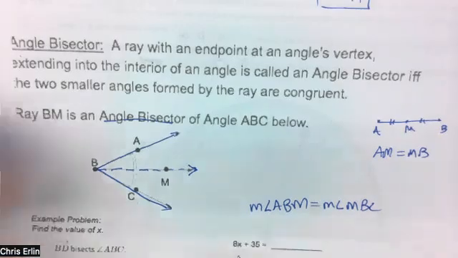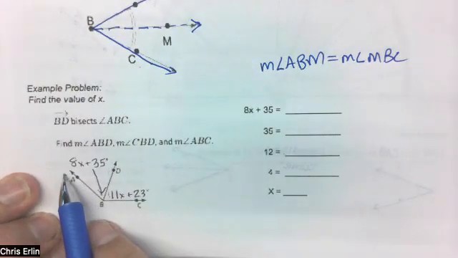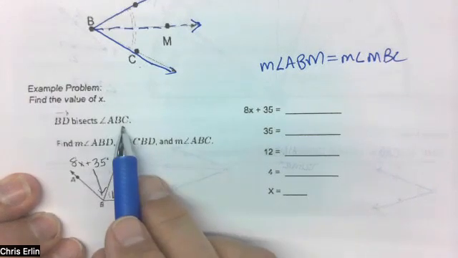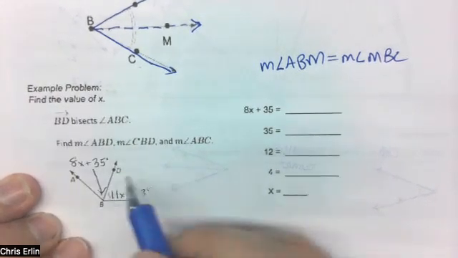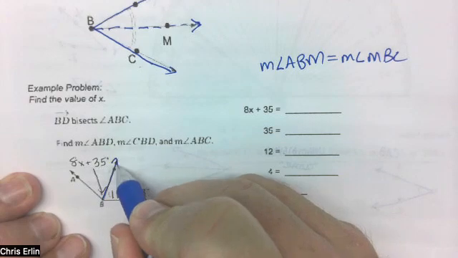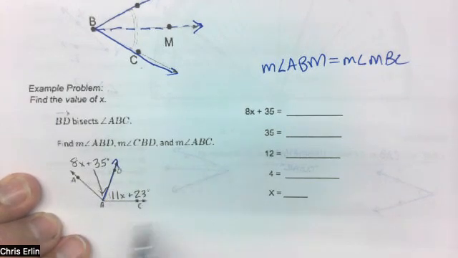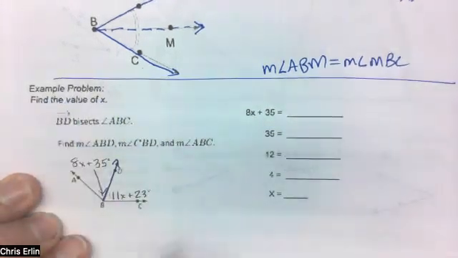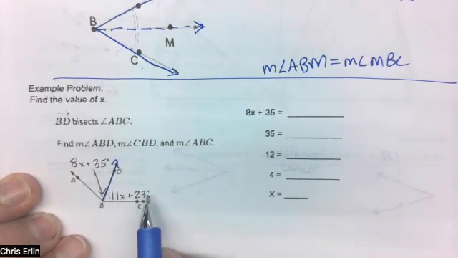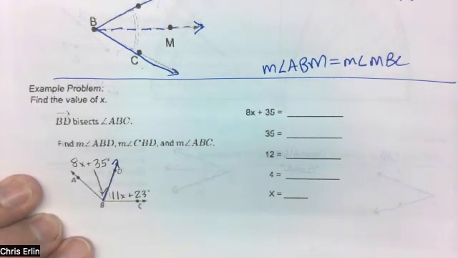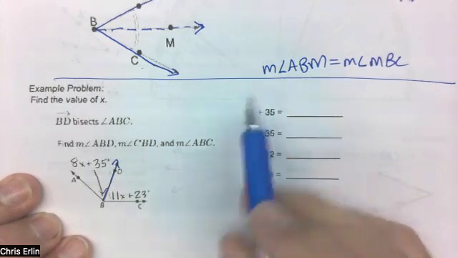Okay. Let's do the same thing down here for this example problem. Here we've got an angle ABC, and BD bisects it. So tell me in letters what's true about that. ABC has been bisected by BD. What can I write up here?